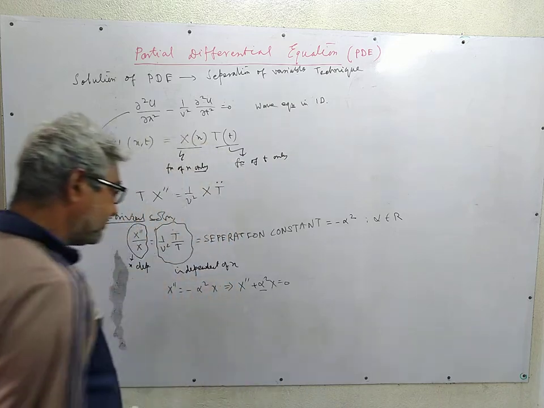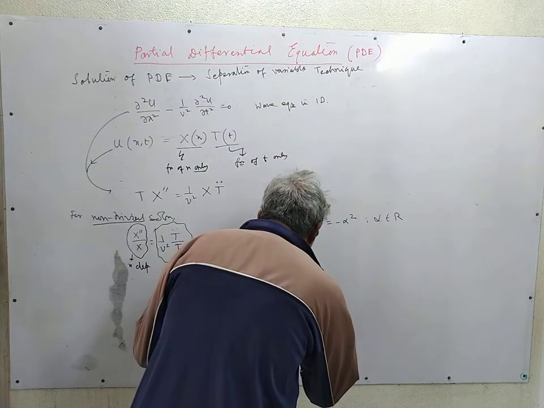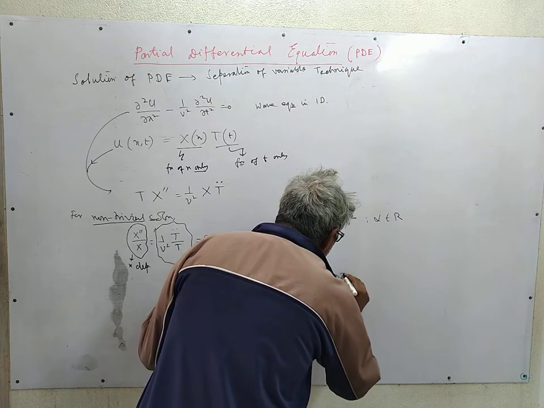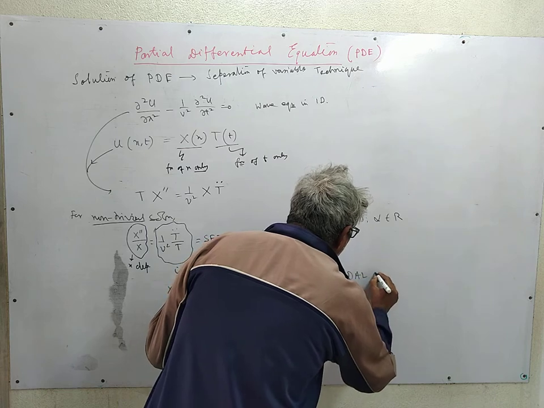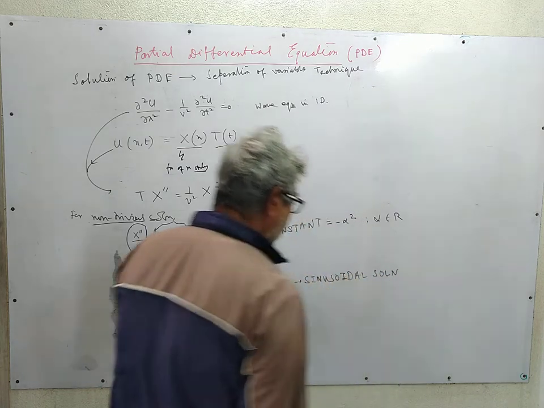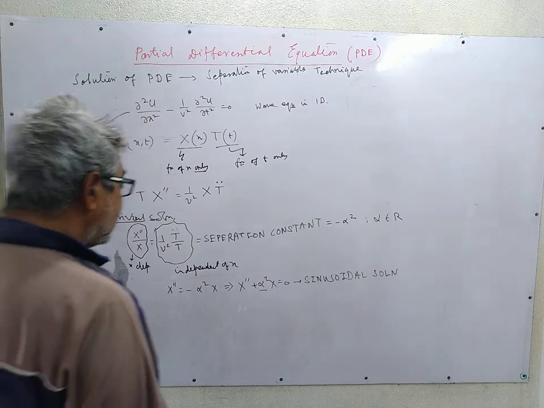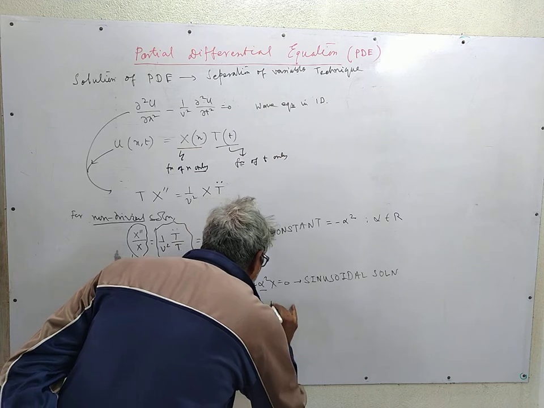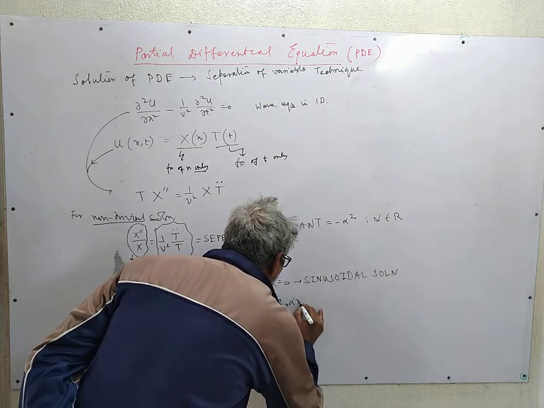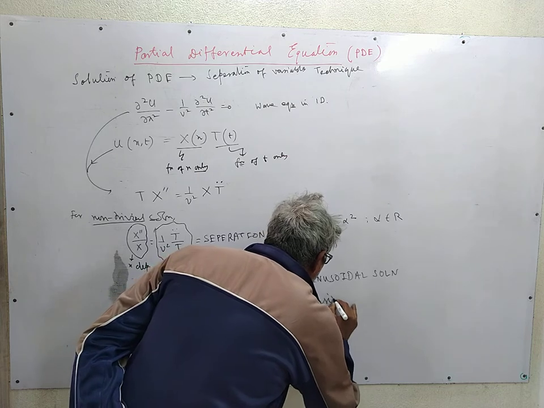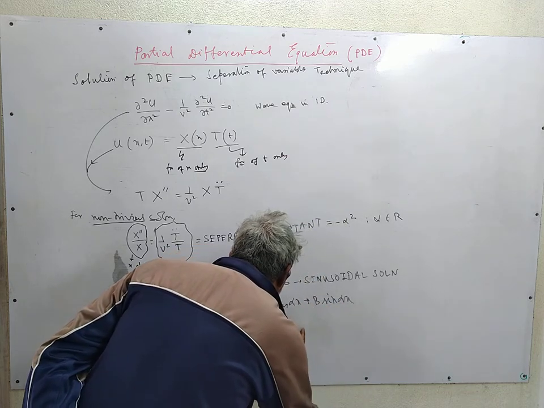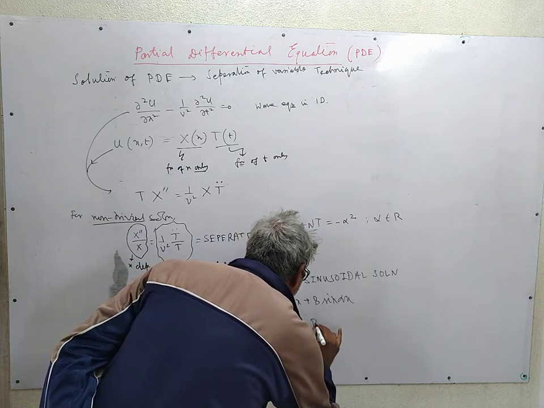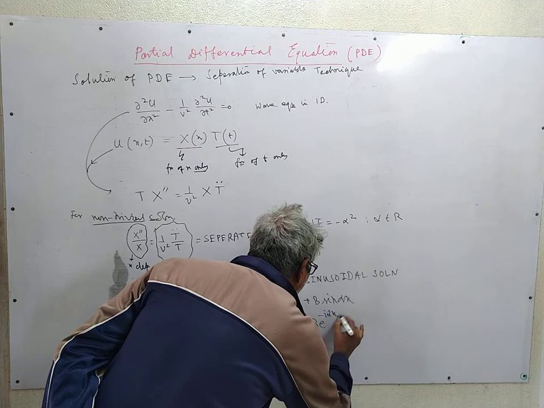Since alpha square is real, it has harmonic, sinusoidal solution. That is, X can be written in terms of a cos alpha x plus b sin alpha x, or it could be written as a e to the power i alpha x plus b e to the power minus i alpha x.